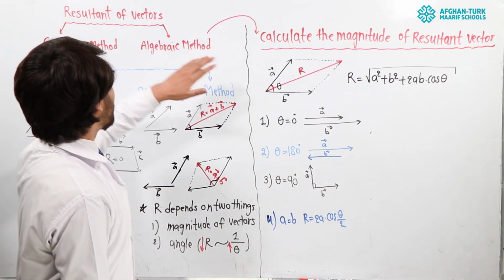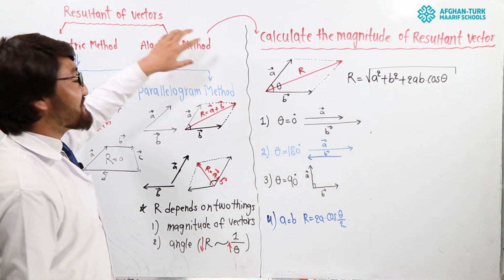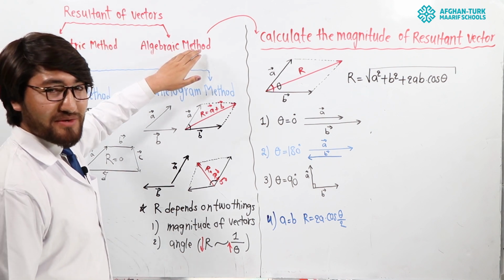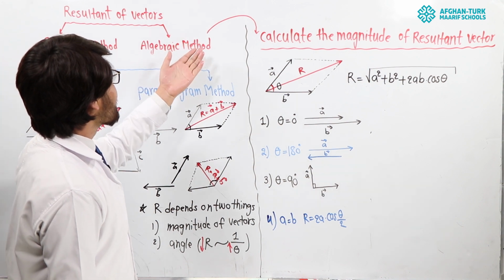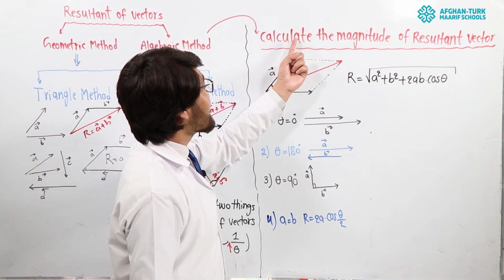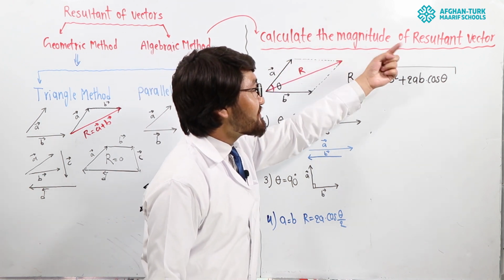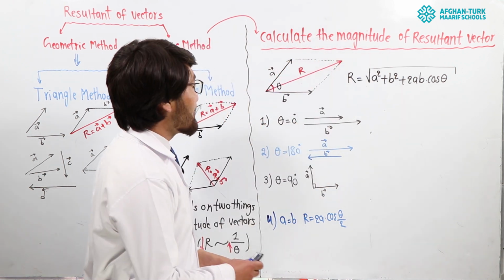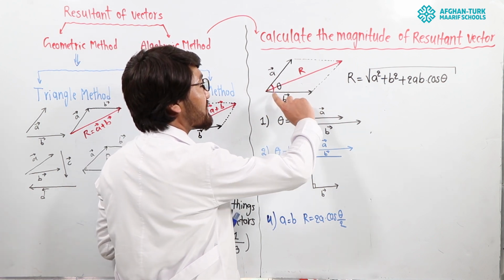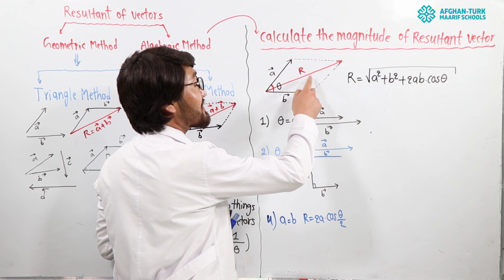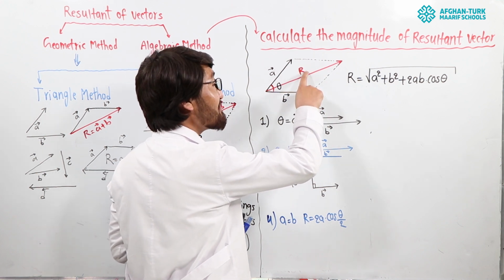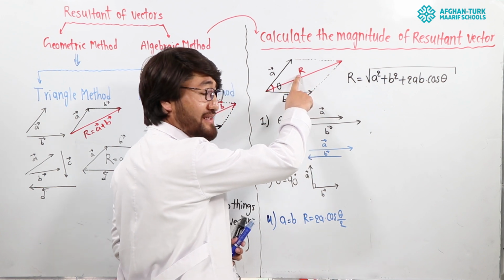Guys, I told you about resultant vectors. We find resultant vectors in two ways: the geometric method and the algebraic method. Now come to the algebraic method. It means calculating the magnitude of the resultant vector. Here we have two vectors, vector A and vector B. You can draw the resultant vector R. How to find the magnitude of the resultant vector?